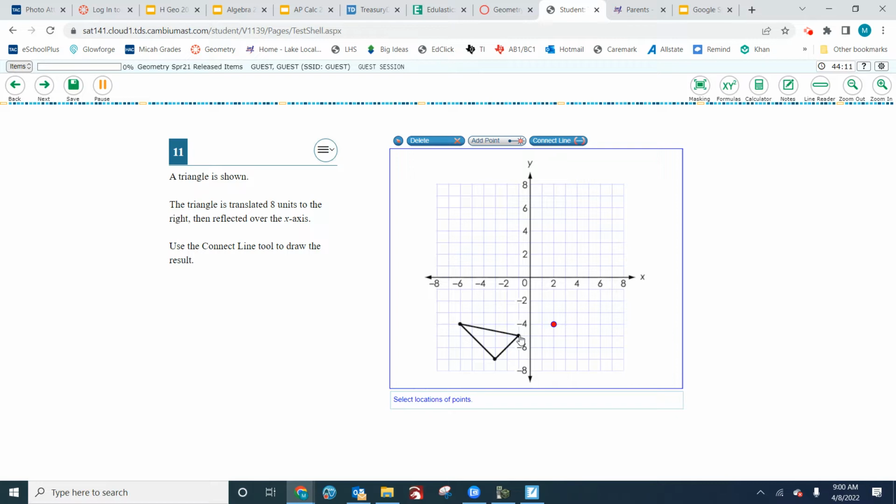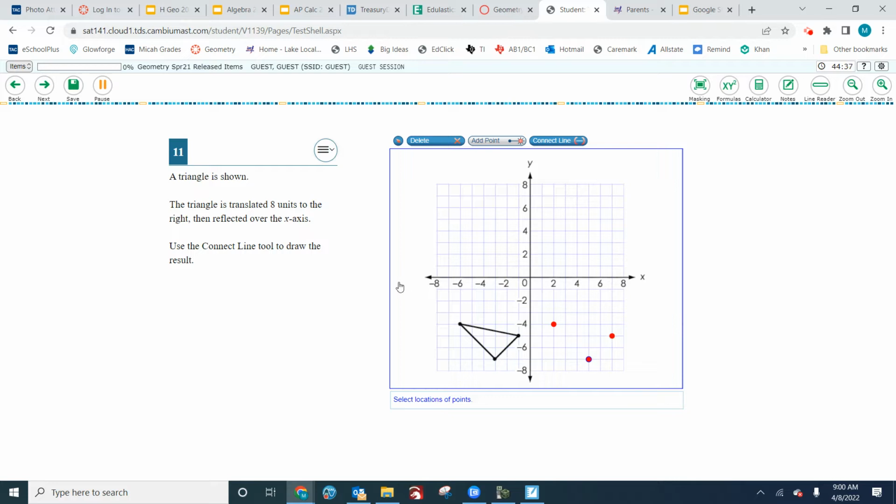I'm going to get this triangle just to visualize it. So this was at -1, -5. And so where's it going to be now? Good. 7, -5. This one was at -3, -7. So 8 units to the right. Careful. I said -3, right? Plus 8, 5.